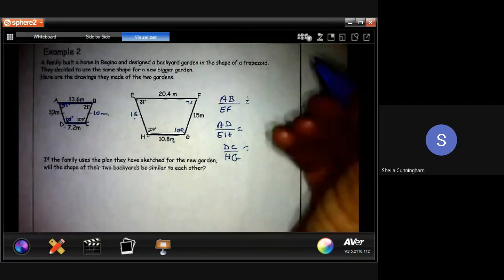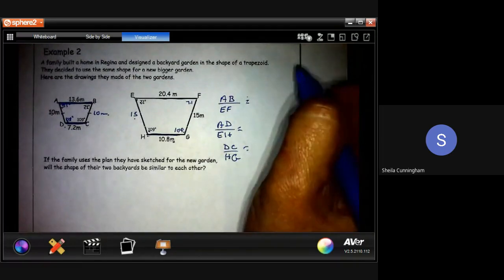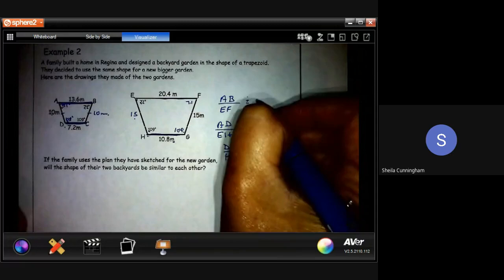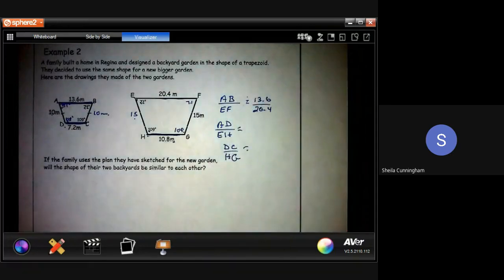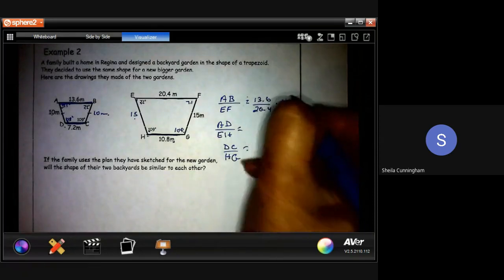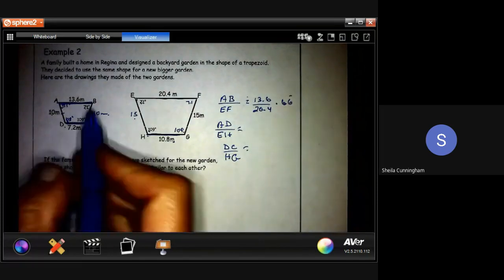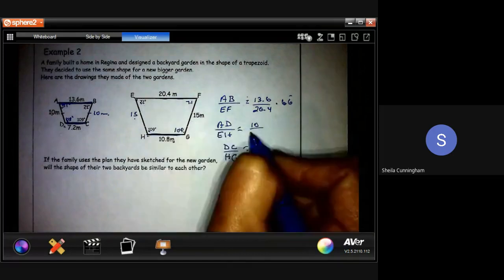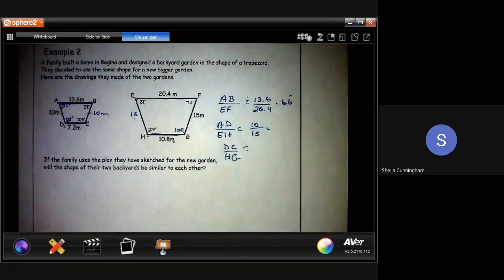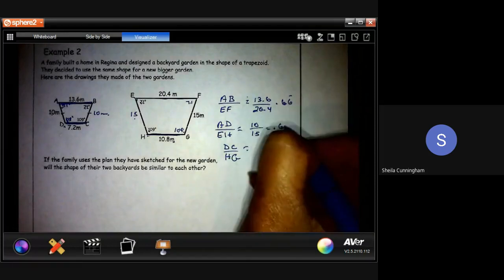So in this case, AB is 13.6 divided by 20.4, and I'm getting 0.6 repeating. I do the same thing for AD. AD is 10 to EH, which is 15, and 10 divided by 15 gives me 0.66.